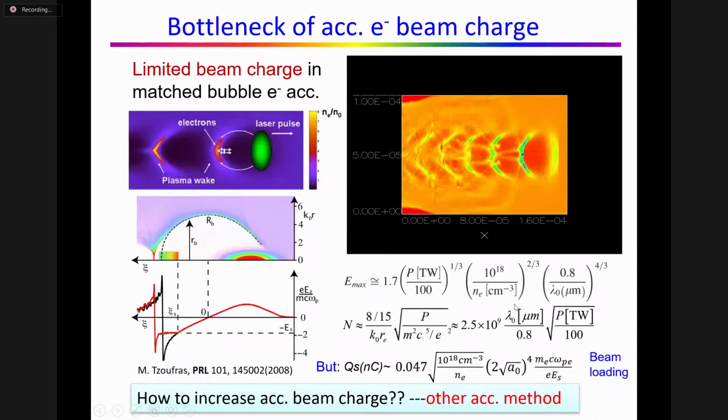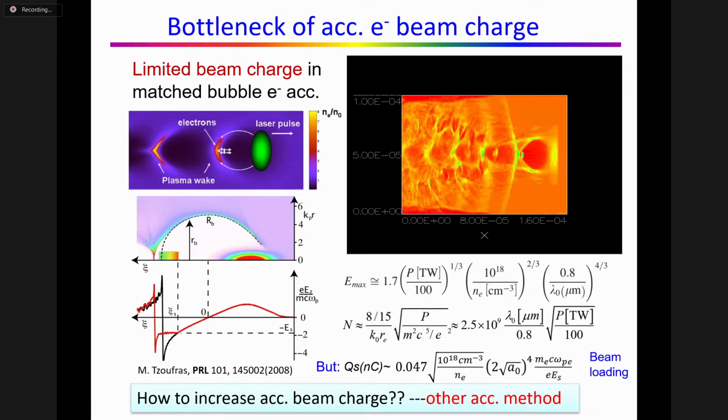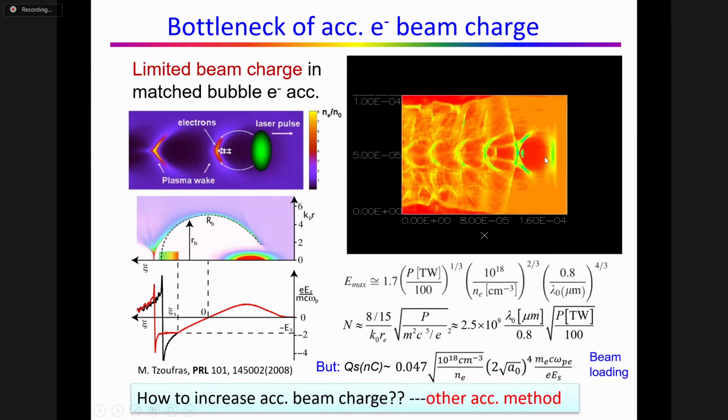So the electron charge is very important, but unfortunately, during the wakefield acceleration, the electron will be stably injected into the wave field and accelerated stably.